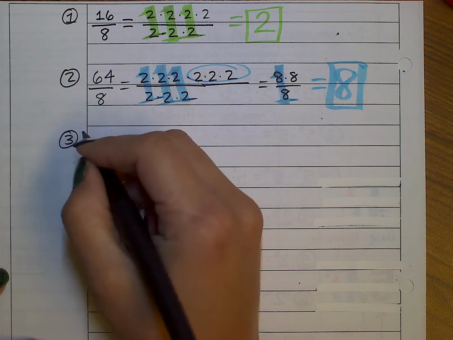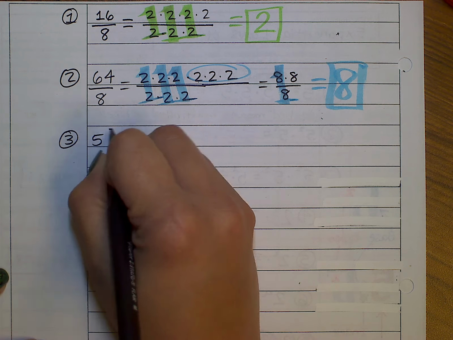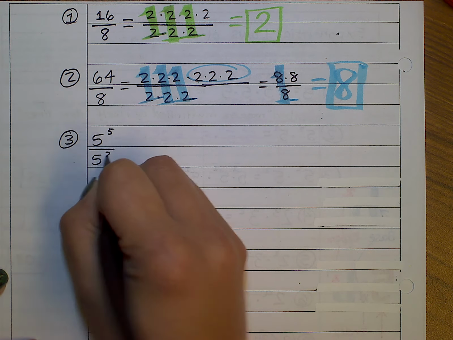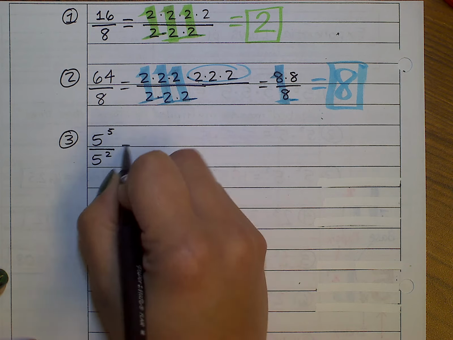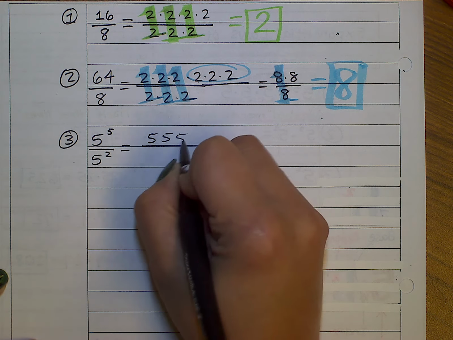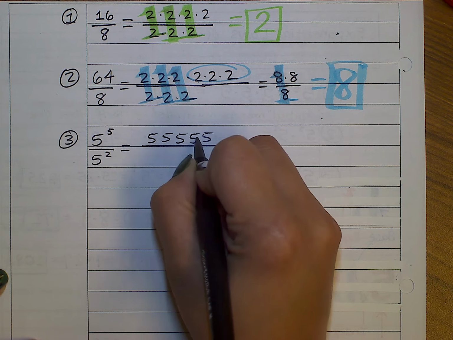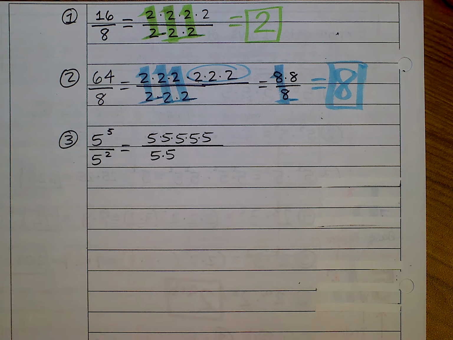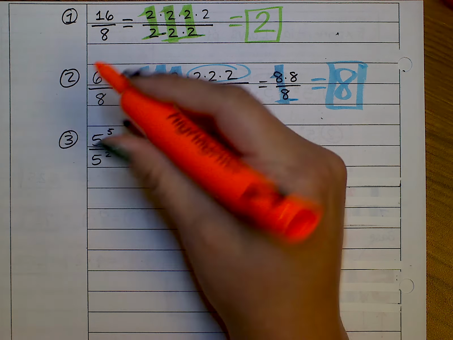All right, and now we have 5 to the 5th power over 5 squared. If I were to expand out again, that would be 1, 2, 3, 4, 5 fives, and 2 below. So let's go ahead and reduce to 1.